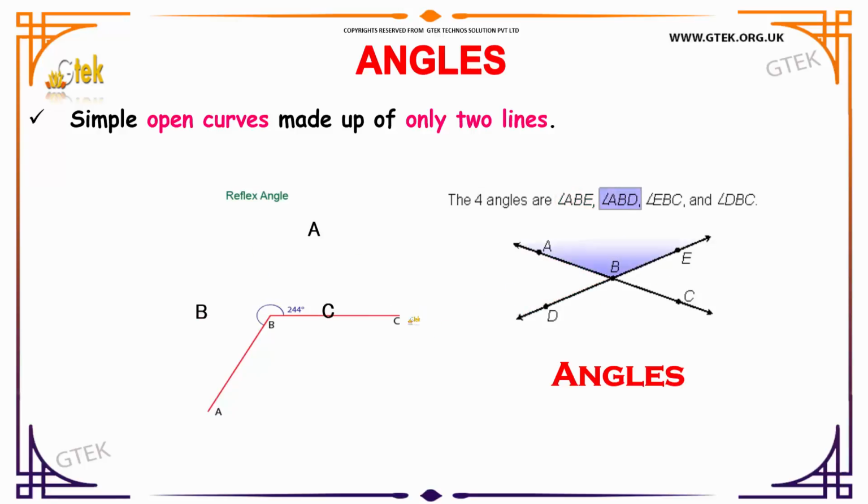These are the angles that are formed by two lines. An angle can be either an acute angle, a right angle, obtuse or straight angle, reflex angle, or full angle.